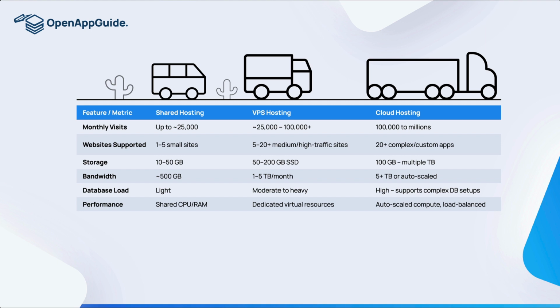Now, as your needs grow, you're going to want to be looking at how to scale the capabilities of your server. Each of these hosting options has a built-in scaling capability. So if you're talking about shared hosting, it's very, very limited, and you have a wall that you're going to hit.